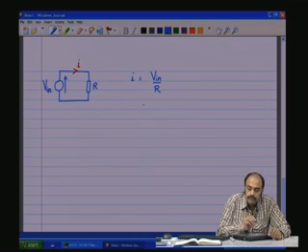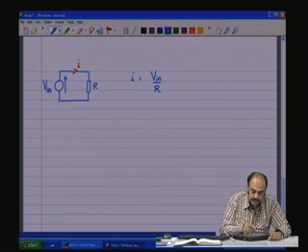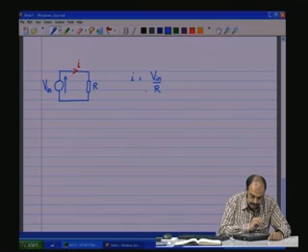There is no phase shift associated with this one, and therefore, I will be having the same phase as V in, because I is a variable, V in is a variable, R is a constant.